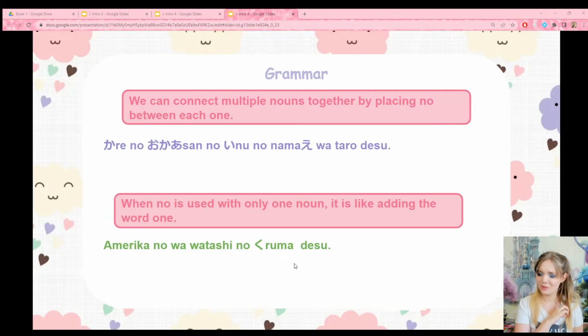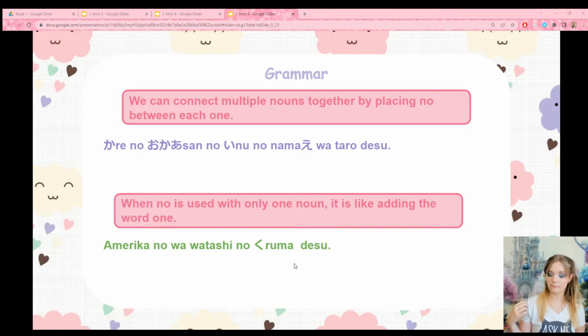Now, here comes the fun part. We can connect multiple nouns together by placing no between each one. So we have this sentence in purple here. It's a long sentence, but you know all of these pieces and all of these words. So take a minute and try to read it.